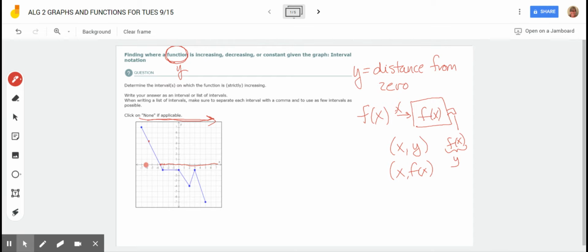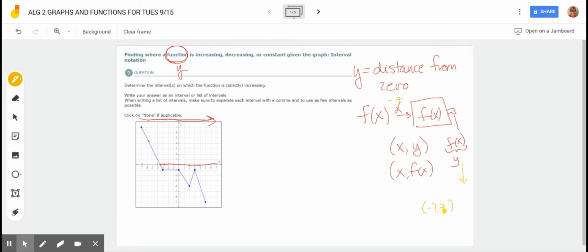When you plug in a -7, the -7 goes through the machine, and what gets spit out is a 7. So it's -7, 7.